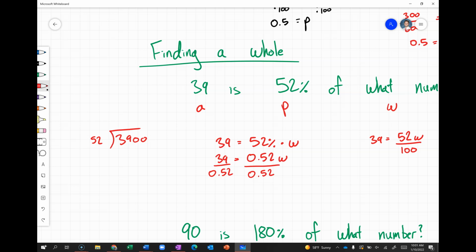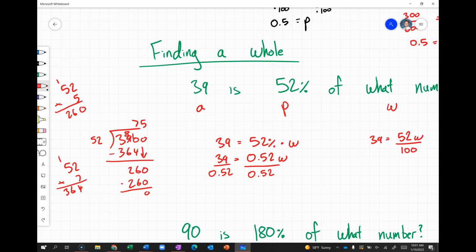And 52 goes into 390 7 times. That's going to be 364. 52 goes into 260 5 times. That should be exact there. So we get 75. So here we get 75 equals W. So 39 is 52% of 75.